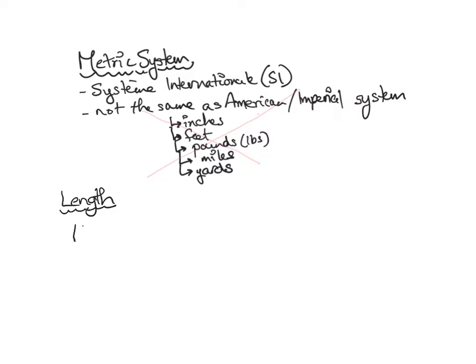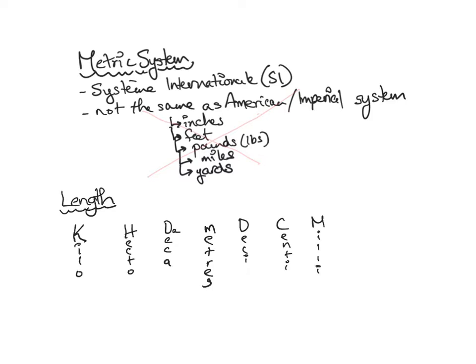We have kilometers, hectometers, we're going to put DA there for decameters, then meters, decimeters, centimeters, and millimeters.